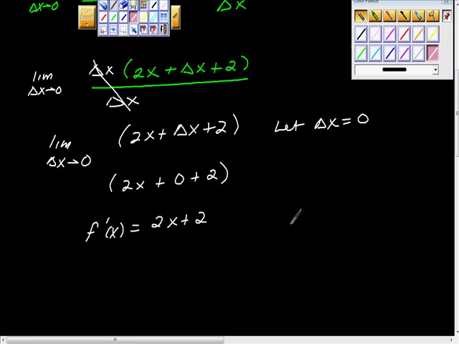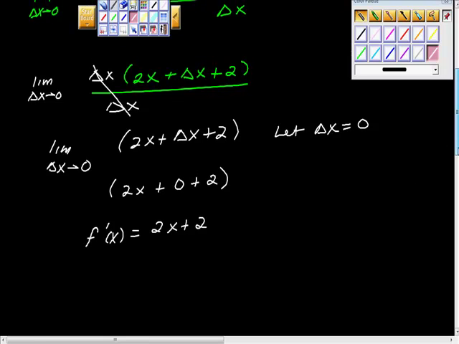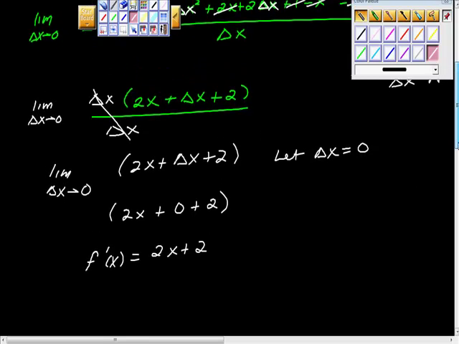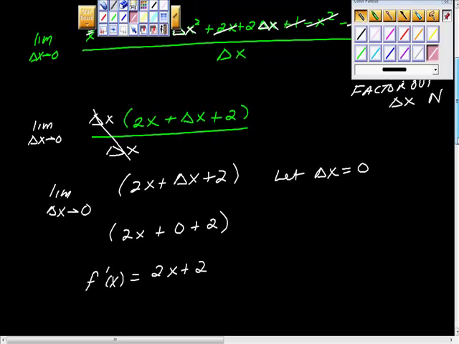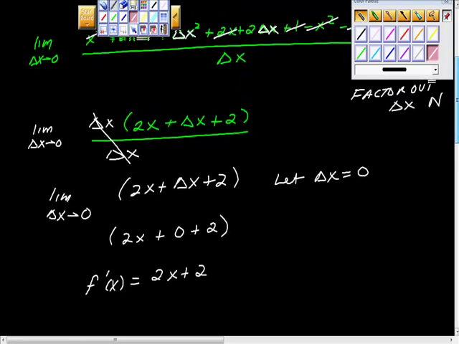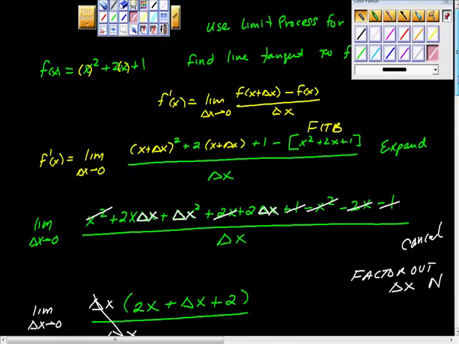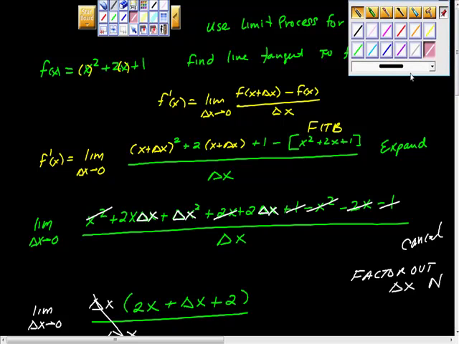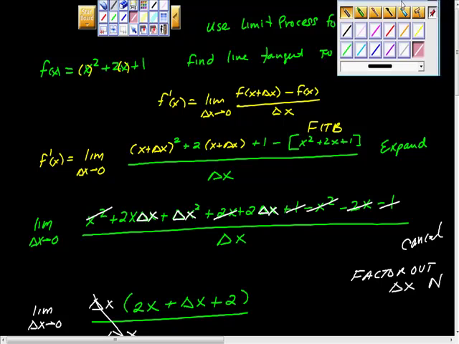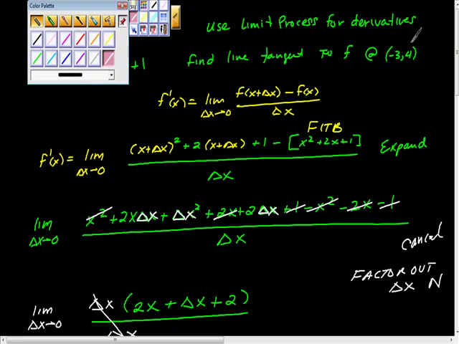Do you use 2 for the slope, or do you use 2x plus 2? Let's look at this for a second. We have this point, don't we? We use f prime at that x value to find the slope.